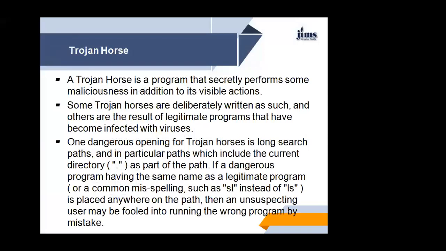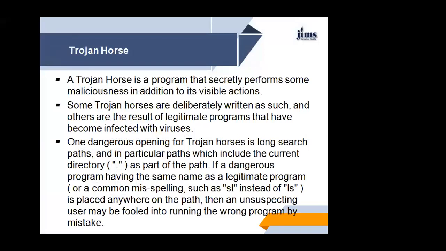A Trojan horse is a program that secretly performs some maliciousness in addition to its visible action. So whatever the visible action that is performed, in addition to that, it also performs some malicious acts.